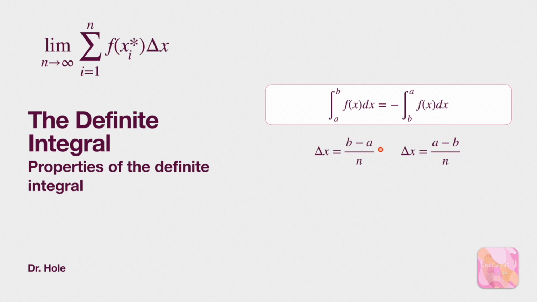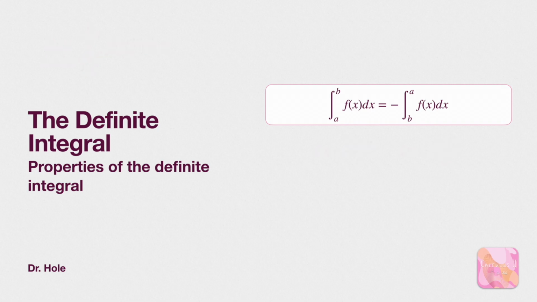And then how would these two delta x's relate to each other? They would equal each other if one is prepended by a minus sign. Hence, one side has a minus and the other does not. Very nice. So interchanging bounds introduces a minus sign out in front.